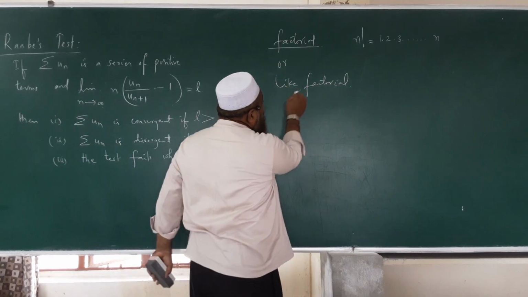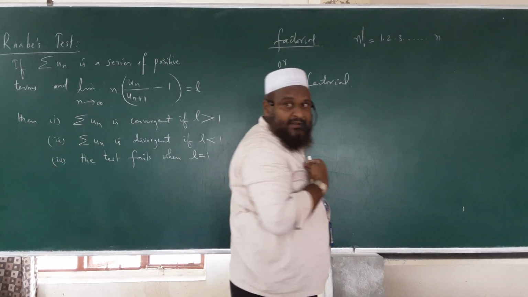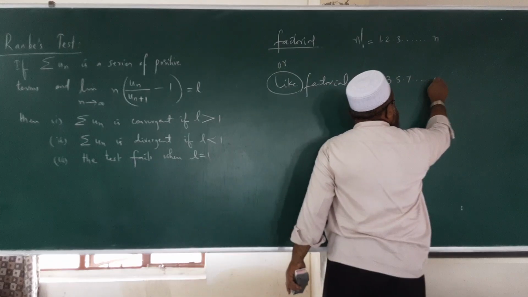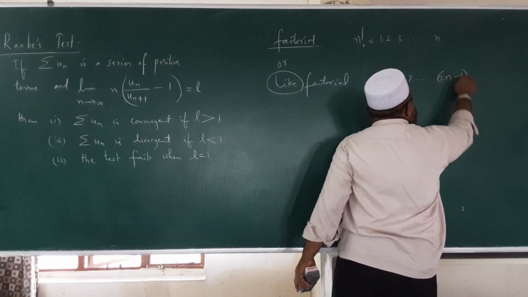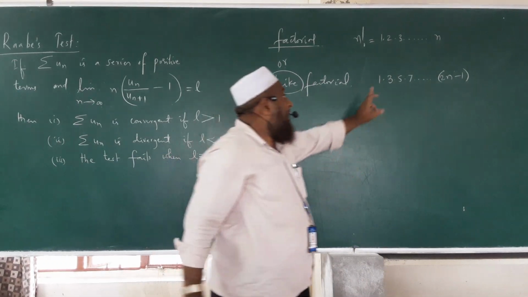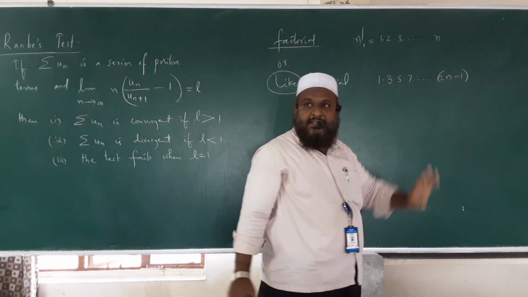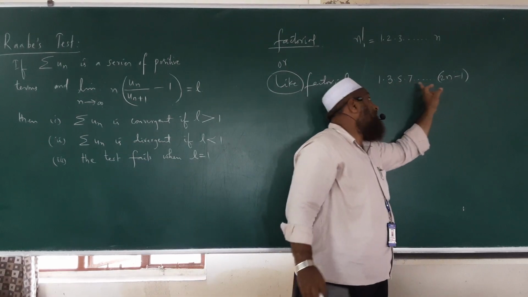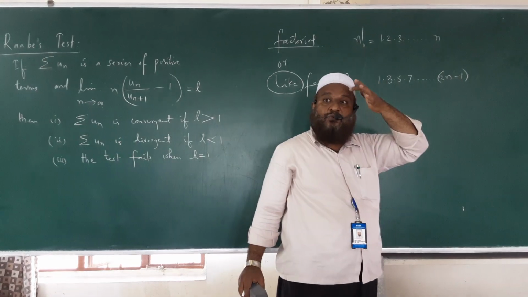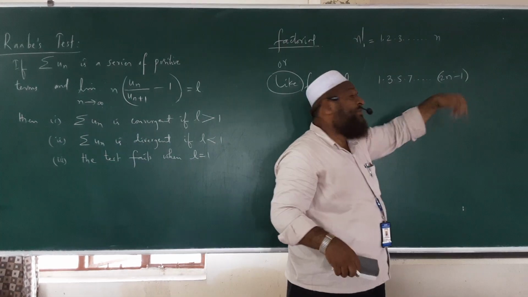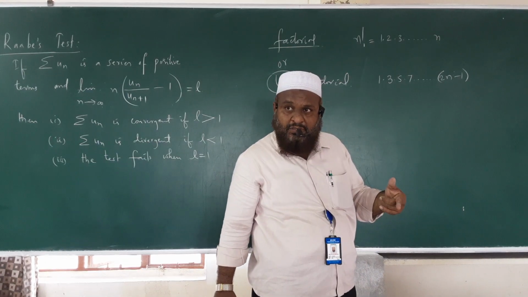If we are using something like a factorial, I mean 1, 3, 5, 7, and so on up to, suppose, 2n minus 1. I am not specifying how many terms will come into this. I am specifying the format, but it will end at this one, 2n minus 1.